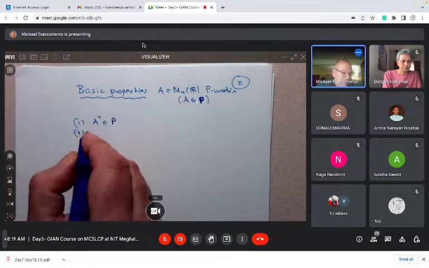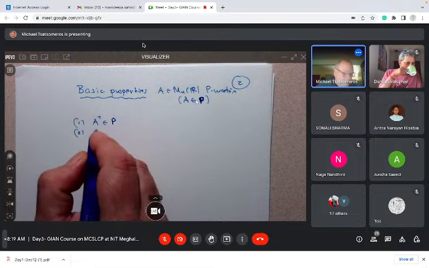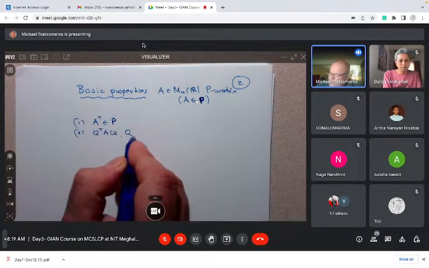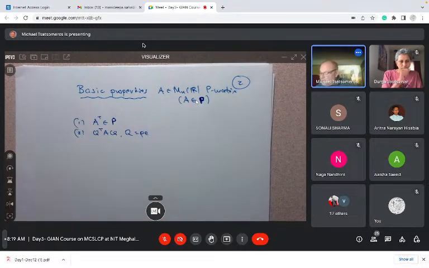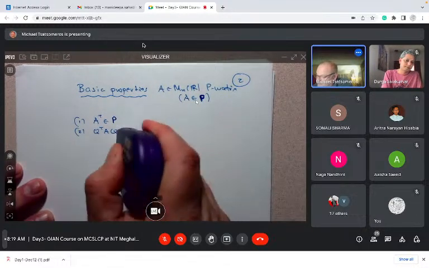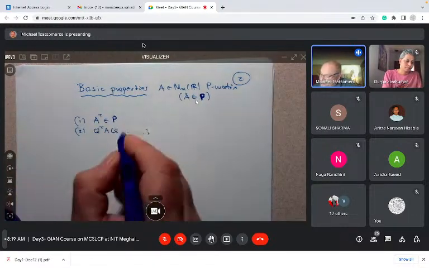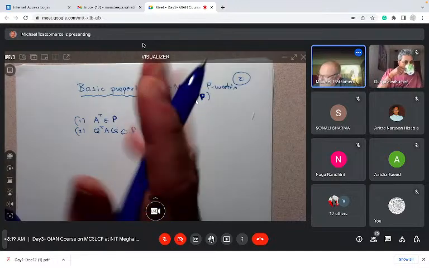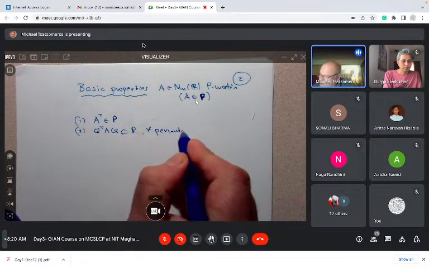Secondly, if you do any permutational similarity, so Q transpose AQ, where Q is a permutation matrix, this thing belongs to P for all permutation matrices.